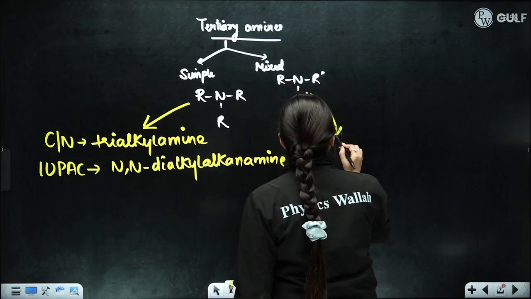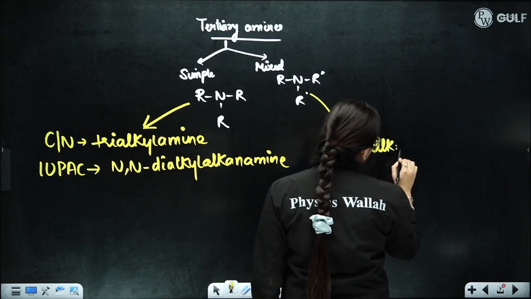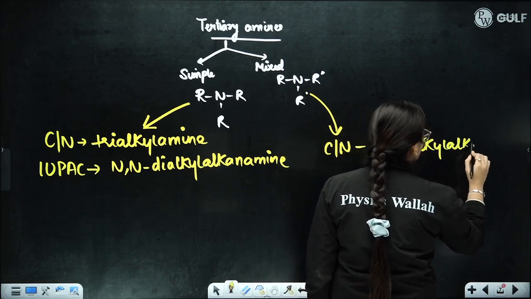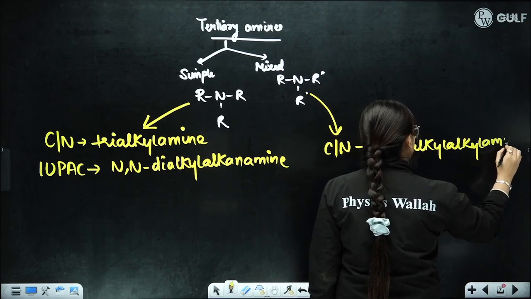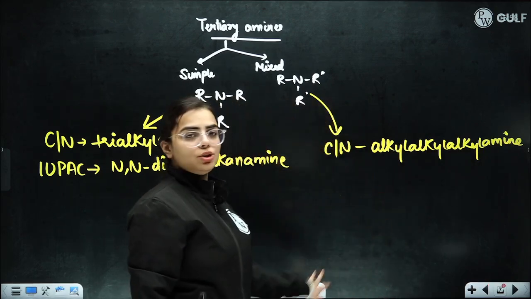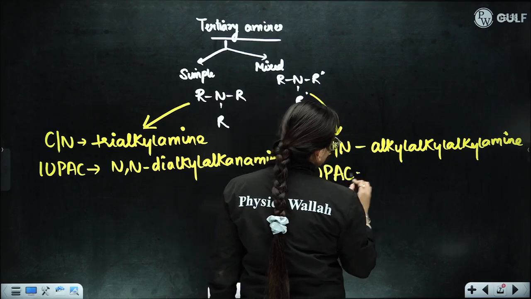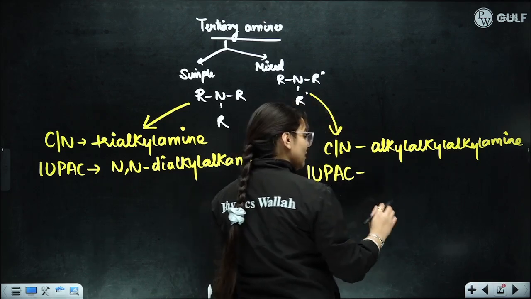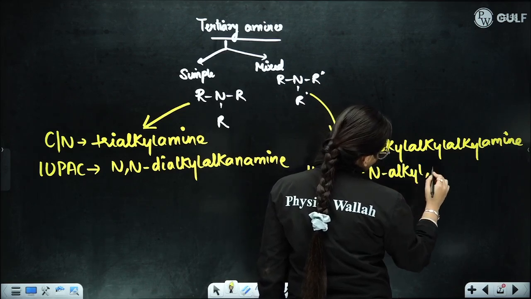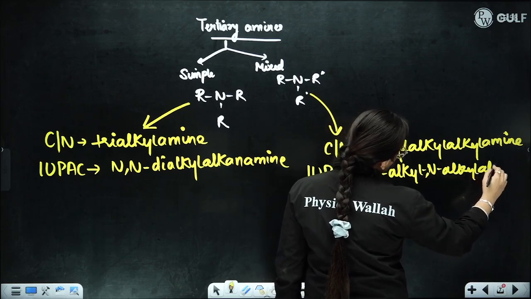Let's discuss the mixed one. The common name over here is going to be alkylamine, because all three groups are different, and they are again named as per alphabetical order. What shall be the IUPAC part? It's again the same: N-alkyl alkanamine.